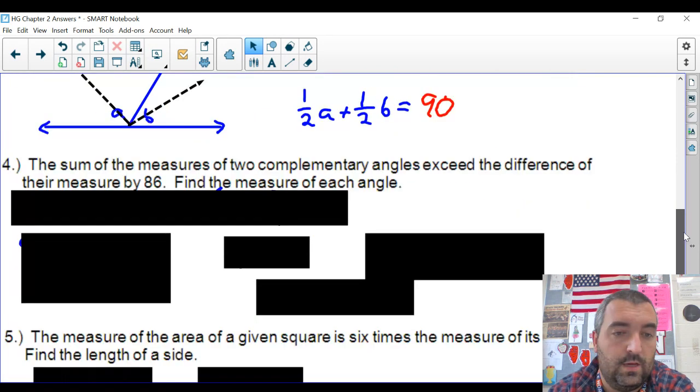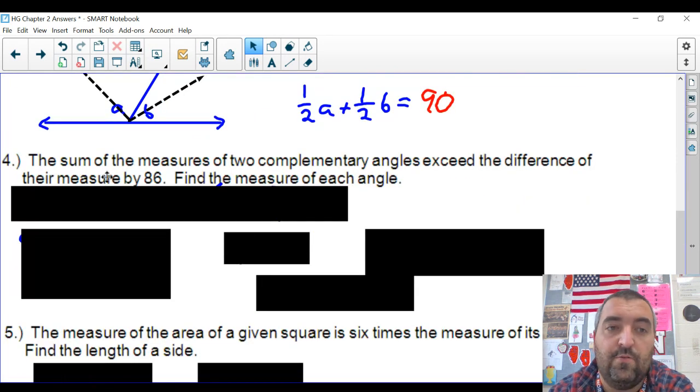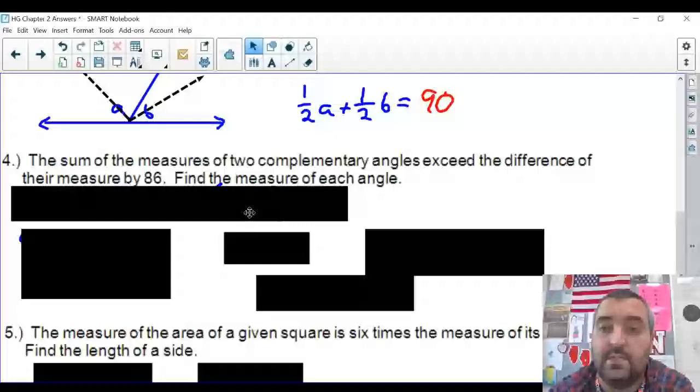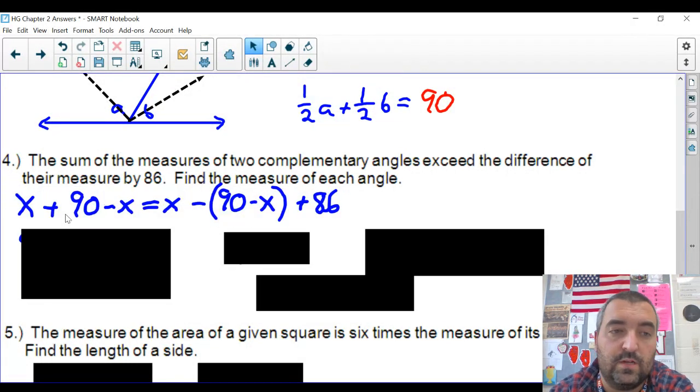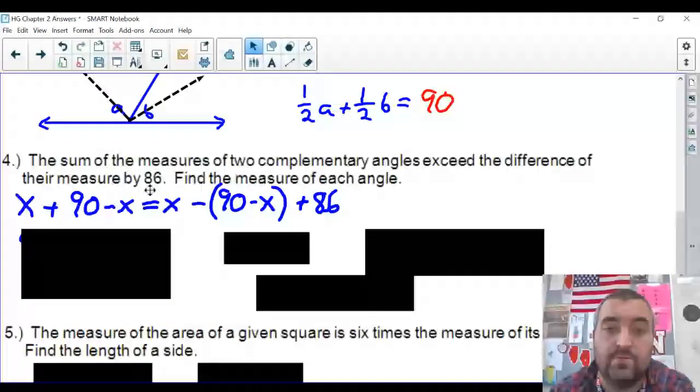All right, moving right along. Number 4, the sum, so right there we're going to be adding, of the measures of two complementary angles exceeds the difference of their measures by 86. If we carefully work through this, we have x plus 90 minus x, because we have the sum of the measures of two complementary angles, and then exceeds the difference of their measures by 86.